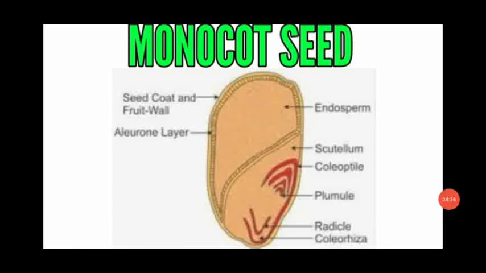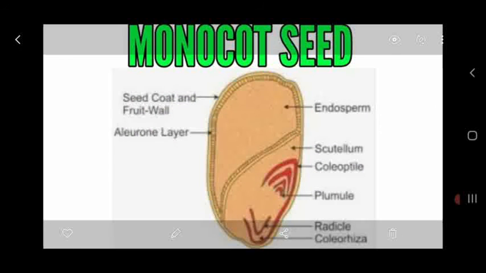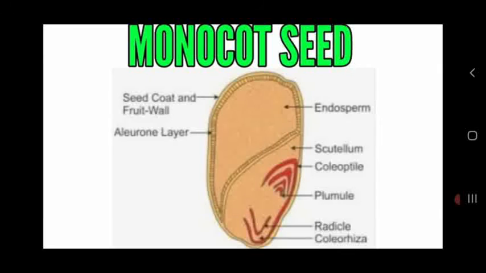Dear students, this is another diagram which is showing a monocot seed. Here also the outermost layer is called seed coat.